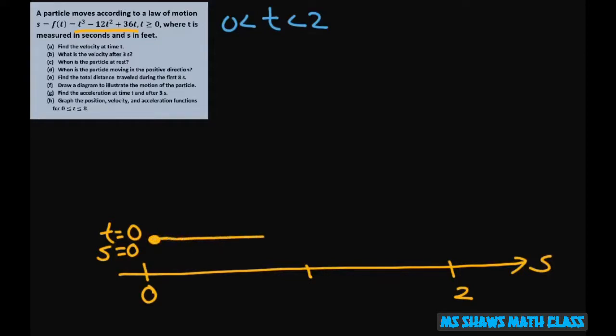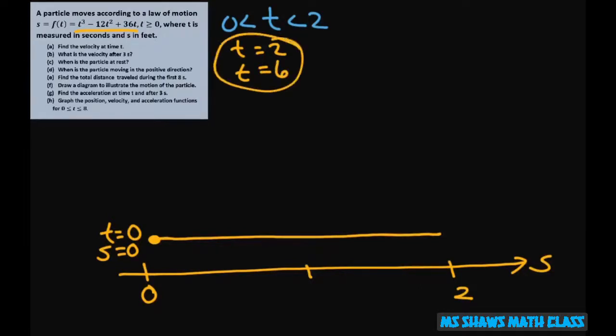This is positive. But at 2, remember t equals 2 and t equals 6, it's at rest. So what you do is you come out here, it's at rest. So this is at t equals 2. And at t equals 2, S is going to be 32. So this is really 32 here. All right, t equals 2.